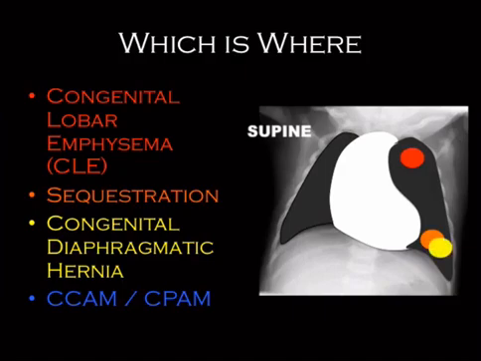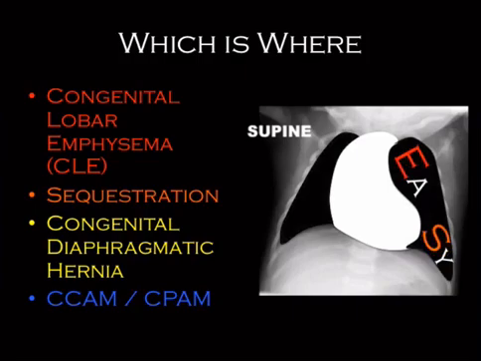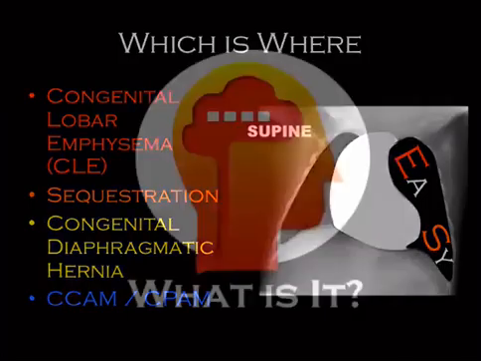And the way that I remember that, especially with congenital lobar emphysema and sequestration, is it's easy to remember, starting at the top and going down. That's the easy way to remember it. Now, CCAMs or CPAMs have no lobar preference, so this isn't as helpful with them, but it's just something nice to have in your back pocket.